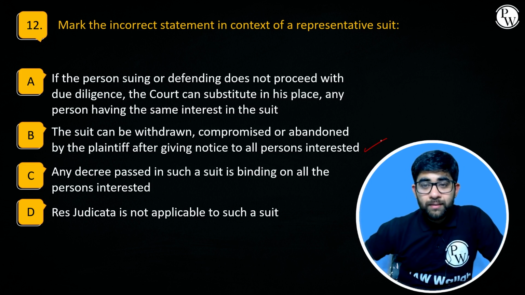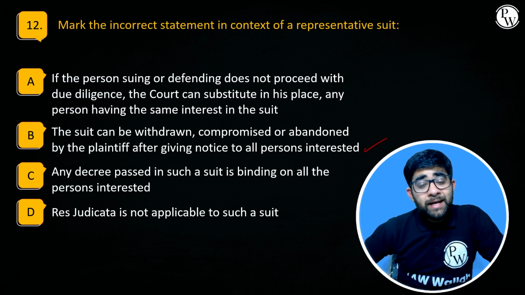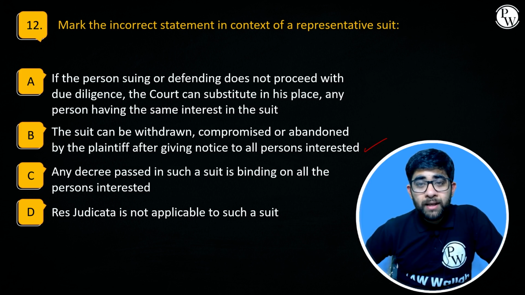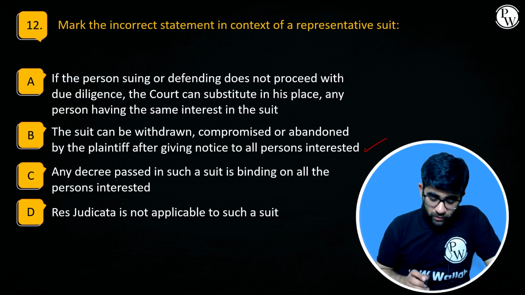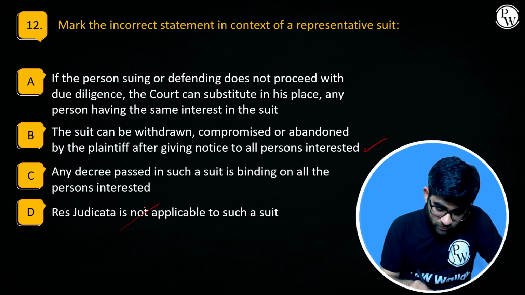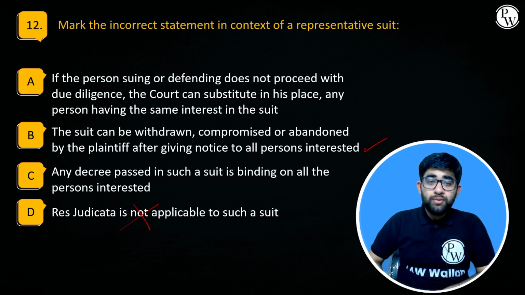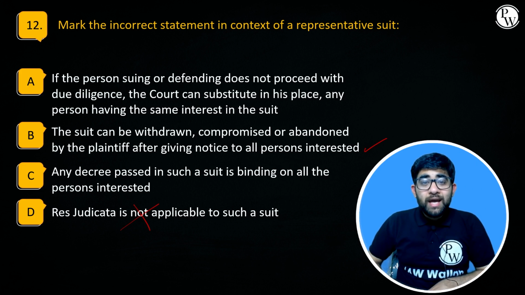This is what I think is correct. Any decree passed in such a suit is binding on all the persons interested. Res judicata is not applicable to such a suit. See, res judicata is applicable, so this is a wrong answer. So the answer is to mark the incorrect statement.